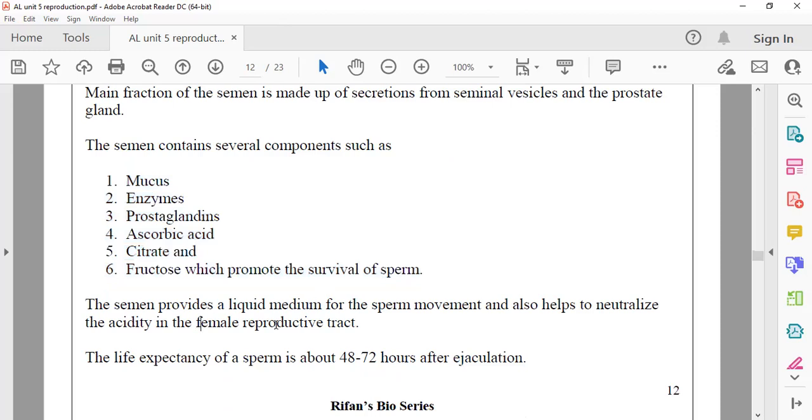Semen is basically an alkaline material. That means pH above 7. What is the pH of semen? 7.2 to 8, near to 8. So what kind of material is semen?